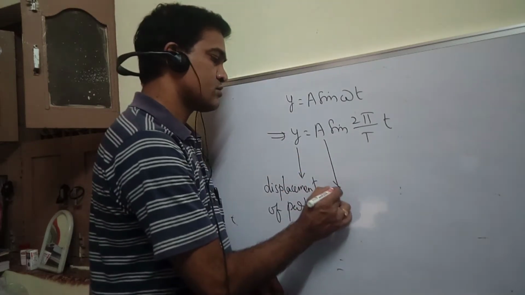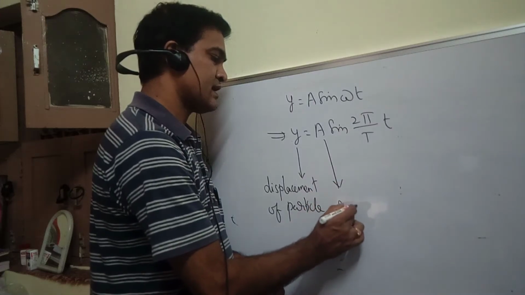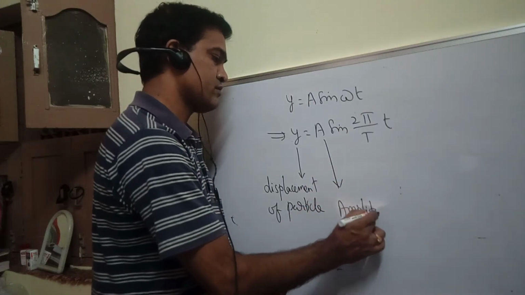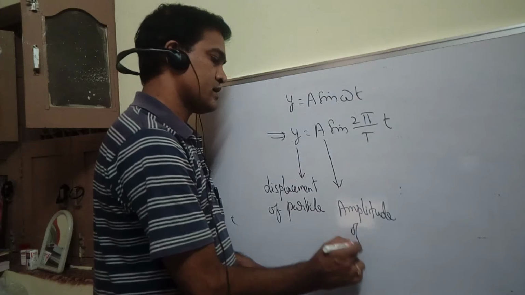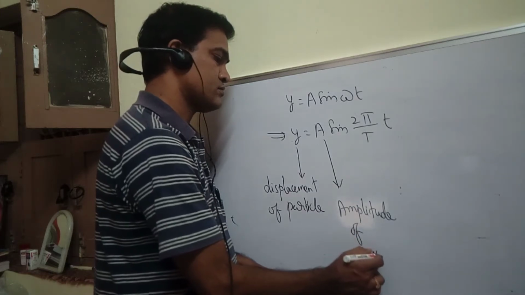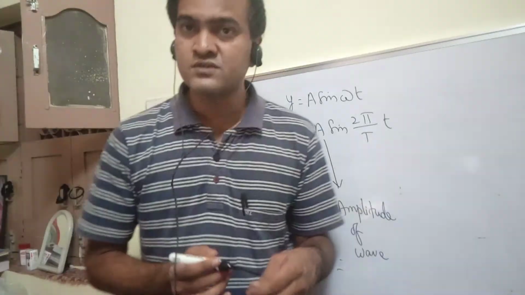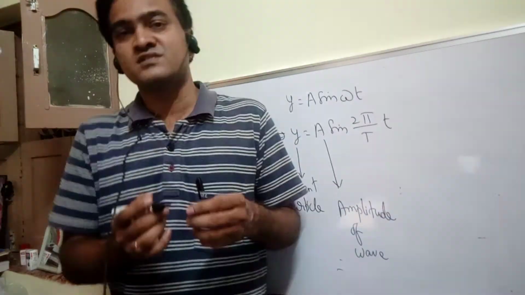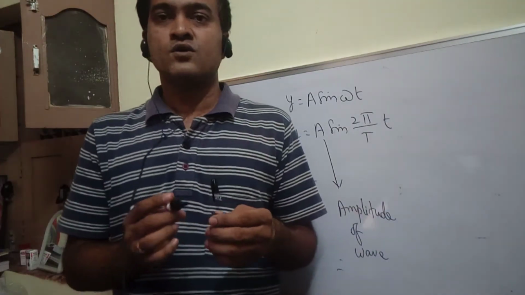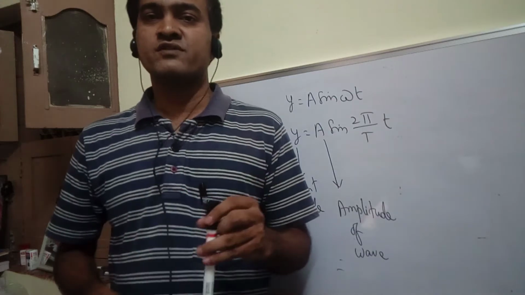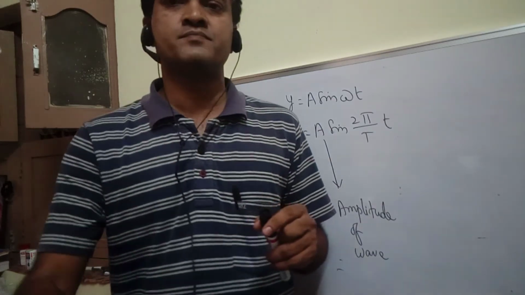A is called the amplitude of the wave, and ω is called the angular frequency, or you can say angular velocity, right? Omega is said to be angular frequency or angular velocity.